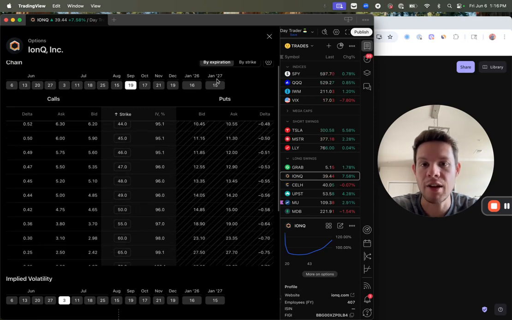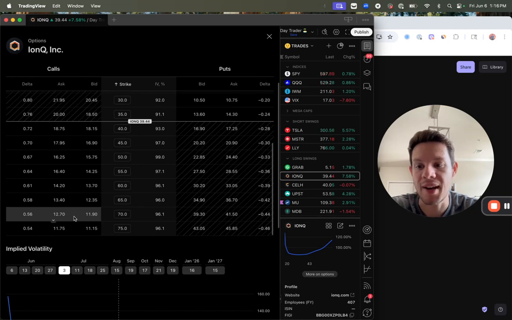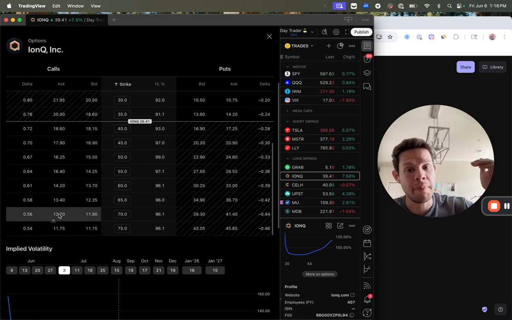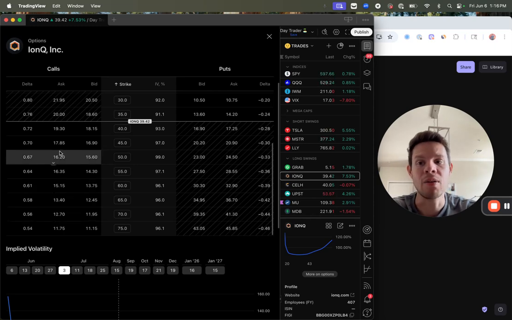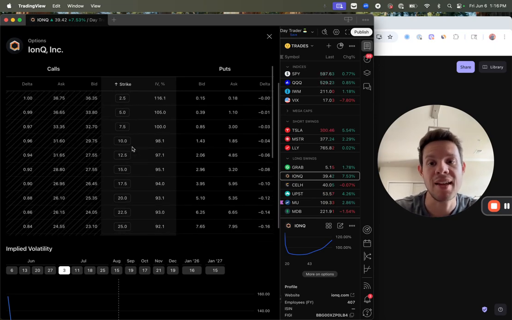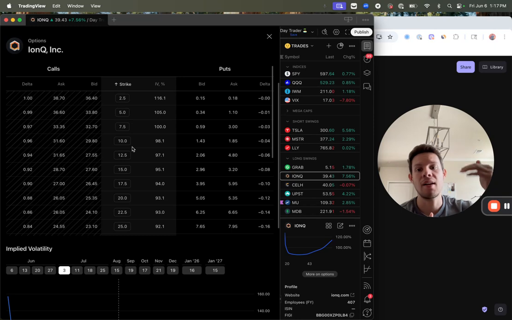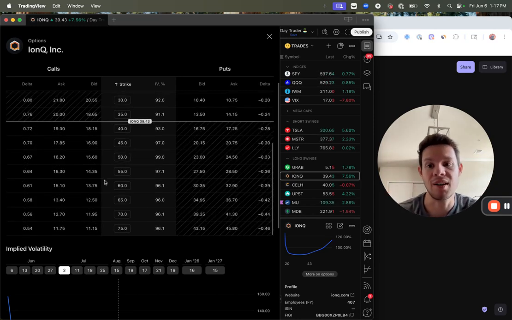Now, in the case of my LEAP, I have the 70 strike. It's a 56 delta. It has a very high strike. So already, as IONQ goes up and up, I'm already making a lot more dollars. Now, it's not going to be the same type of gains as it would be with a 25 delta or a 38 delta, because 50 delta is pretty high in the gamma chart.